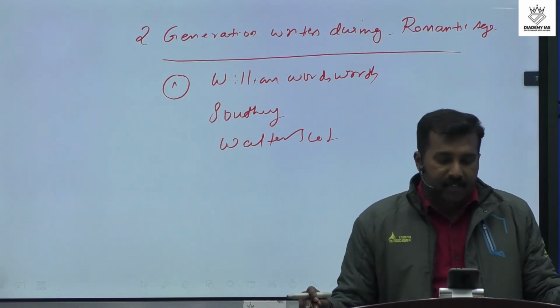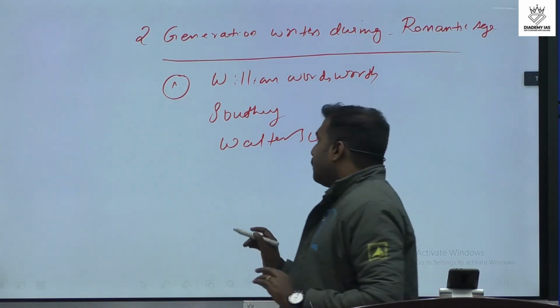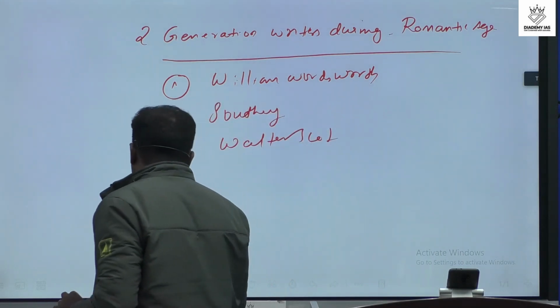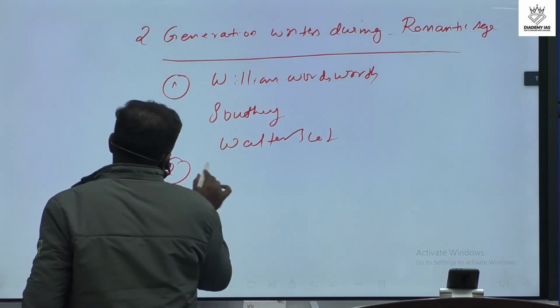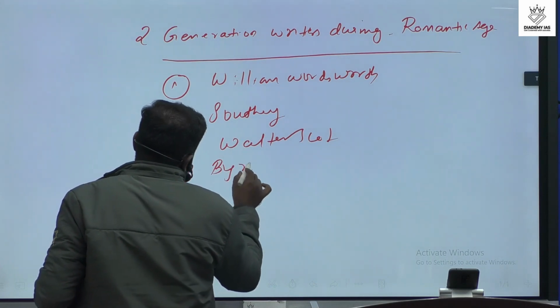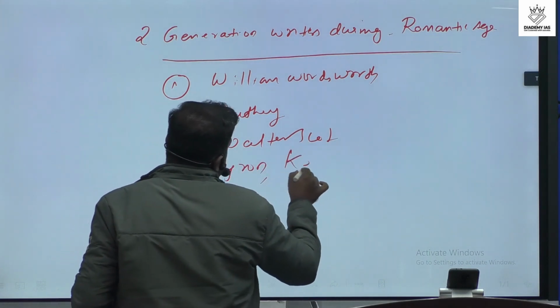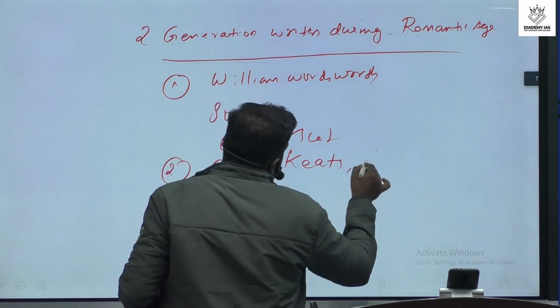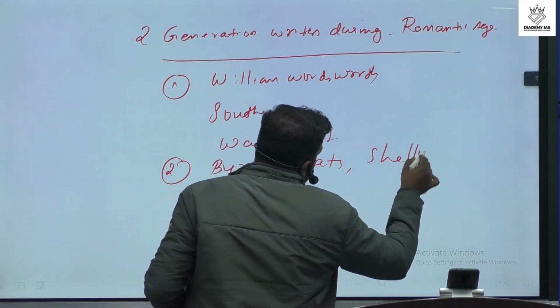Then the second generation writers are Byron, Keats and P.B. Shelley.